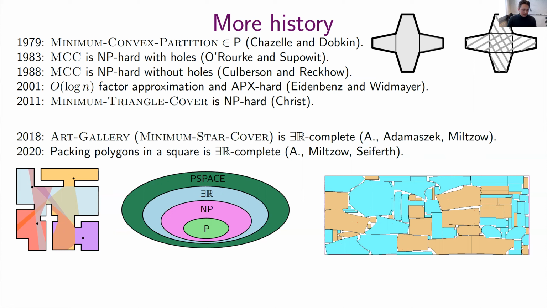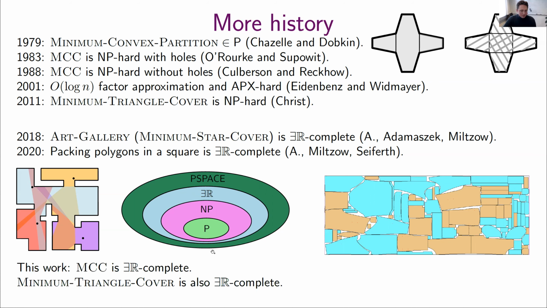For instance, given a set of polygons, decide if they can fit in a rectangle, as you can see an example of here. This complexity class, existential theory of the reals, lies somewhere in between PSPACE and NP. And I will get back to how it's defined.